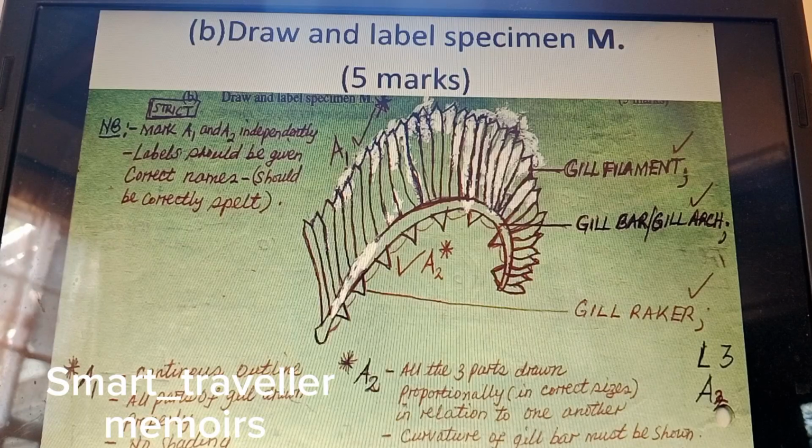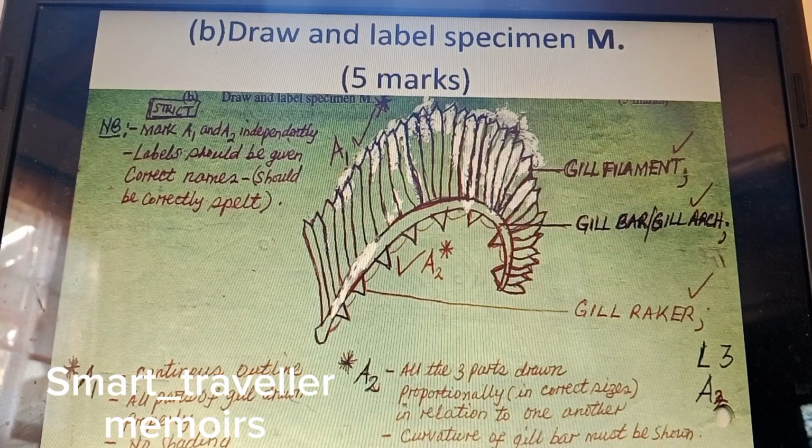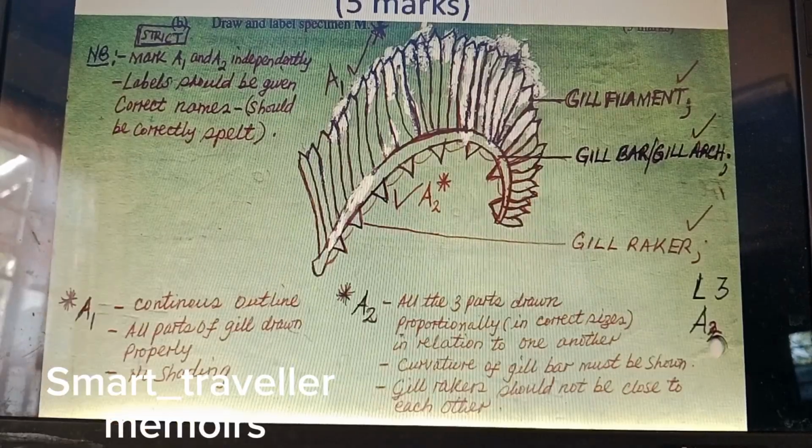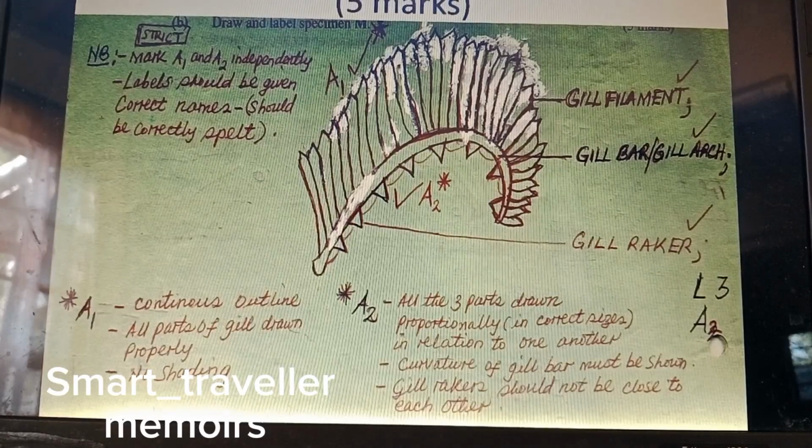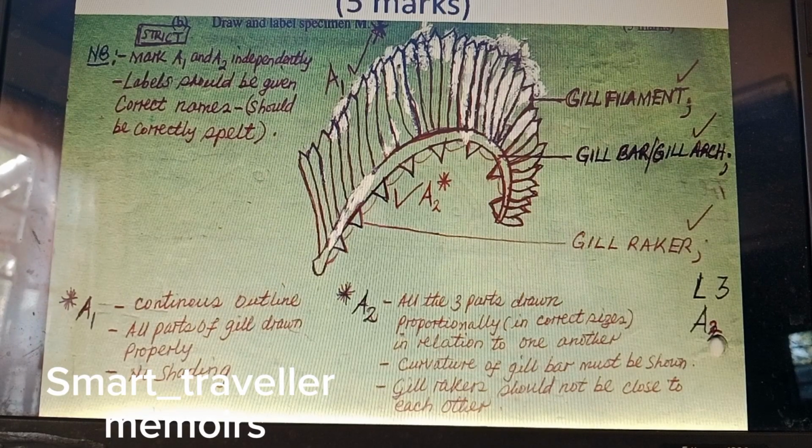You see the way the arc is bending, and the gill bar. So after adjusting, we have now what we have there. The labels are very clear, but see down here how you are giving the first accuracy. Accuracy 1 is for continuous outline.